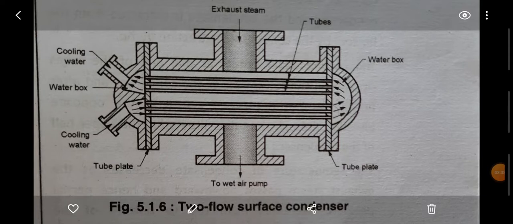Second type of surface condenser, the evaporative surface condenser.